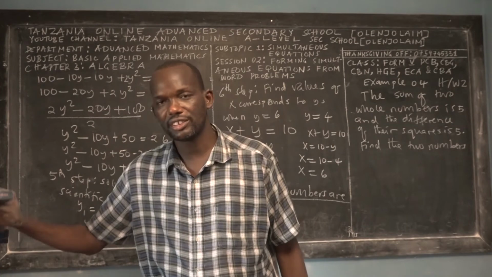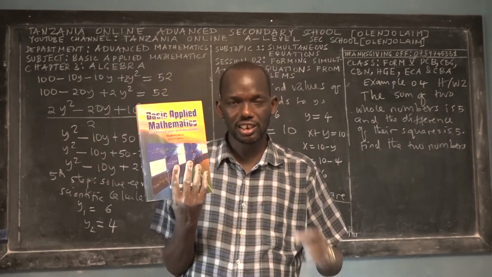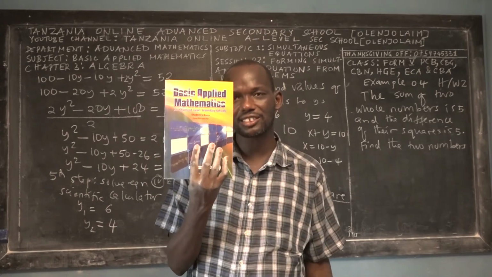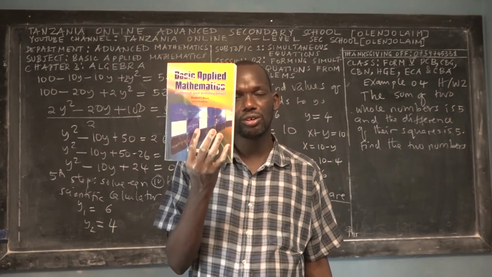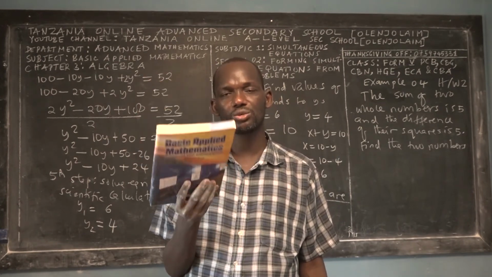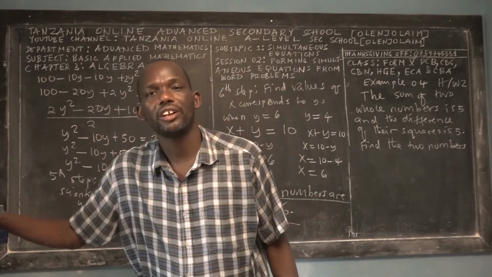So make sure that you have this textbook, because I will be leaving some of the questions that I won't write on the blackboard, but I will ask you to do them in this textbook called Basic Applied Mathematics for advanced students of Form 5 and Form 6. And this is the student book, it's not the teacher's book, right?